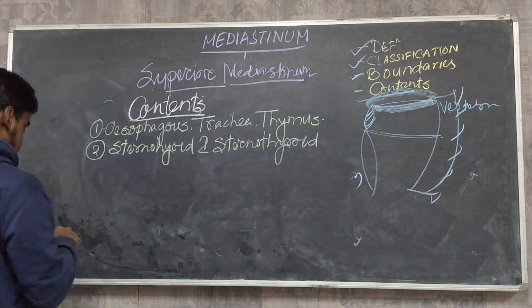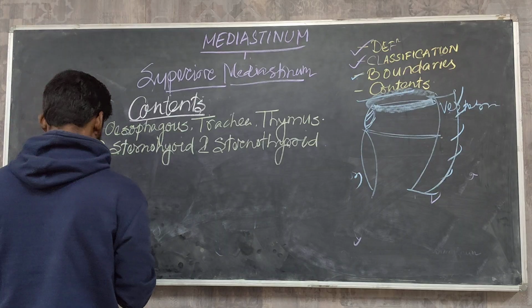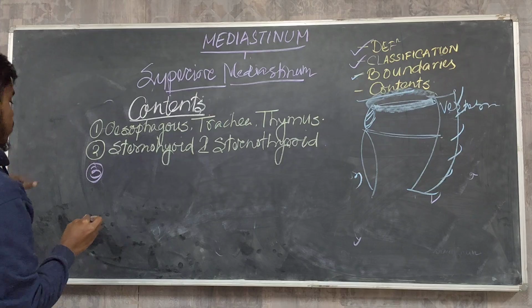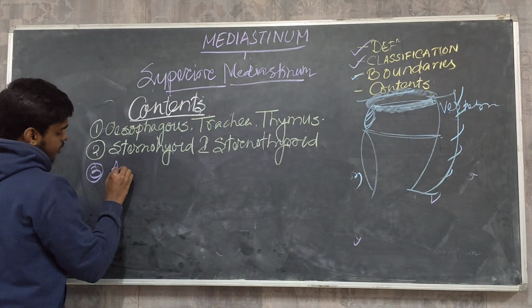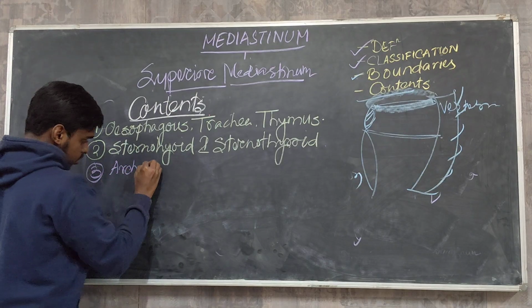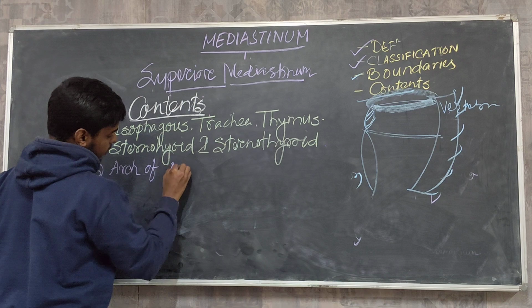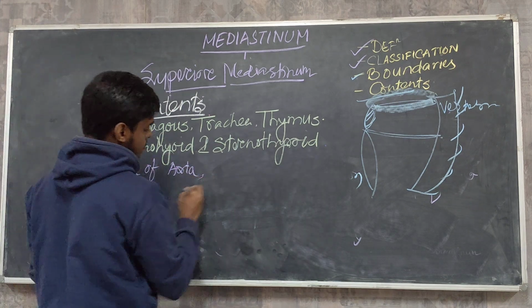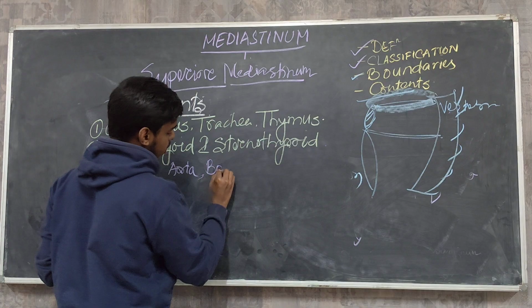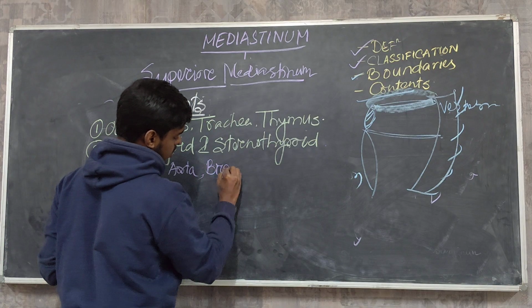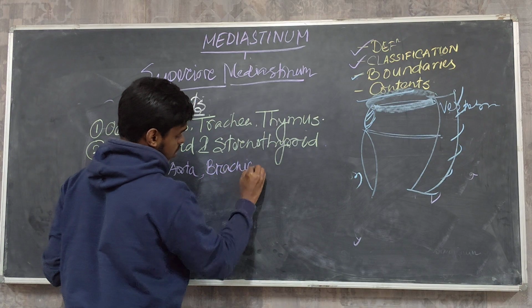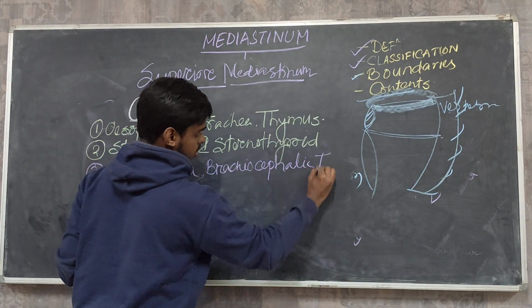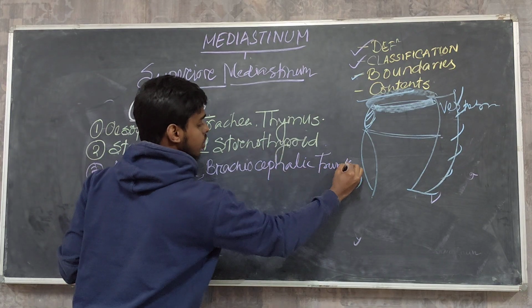Then there are some arteries. What are those arteries? First of all, the arch of aorta. Then brachiocephalic trunk, or artery.